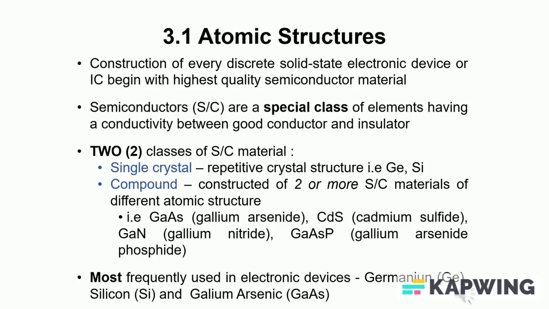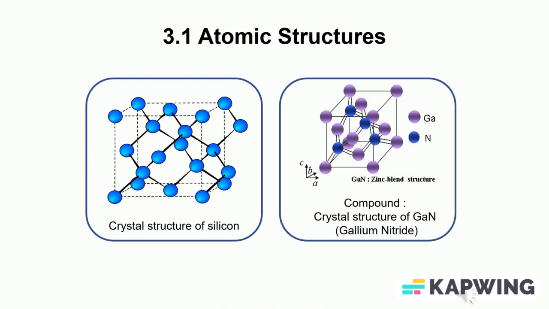But the most frequently used in electronic devices, which we can find easily, are germanium, silicon, and gallium arsenide. Here is the atomic structure example for these two categories. Single crystal structure is on the left while the compound is on the right-hand side.